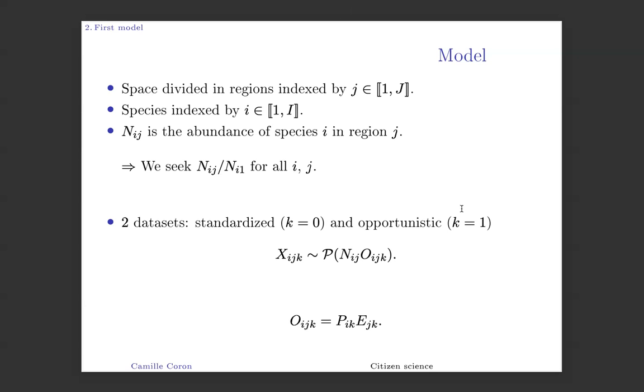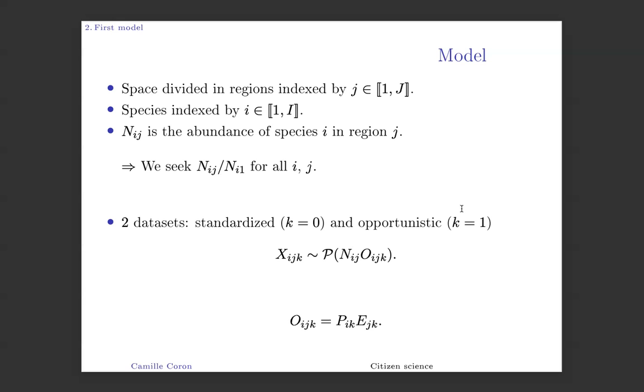Now, our main assumption here is that we decompose the observation process into a product of two quantities. The first one depends only on the species and the data set, and the second one depends only on the region and the data set. Here, this Pik term will typically take into account the detection probability or reporting probability of a given species for the data set k. For instance, you know that for the opportunistic data sets, people are not forced to report their observations.